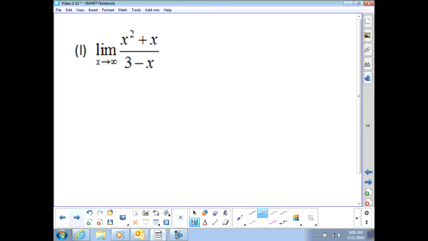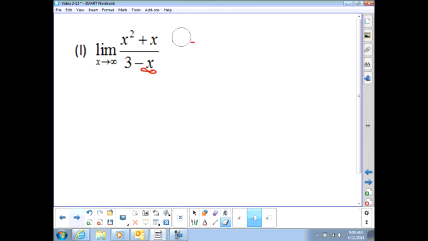On top, when you have huge numbers that get squared and then have that same huge number added to it, you're going to get a really huge number. And on bottom, you're going to get negative huge numbers, because 3 minus a huge, huge number is going to be a really, really huge negative number.